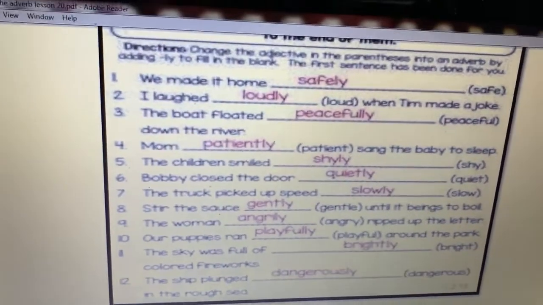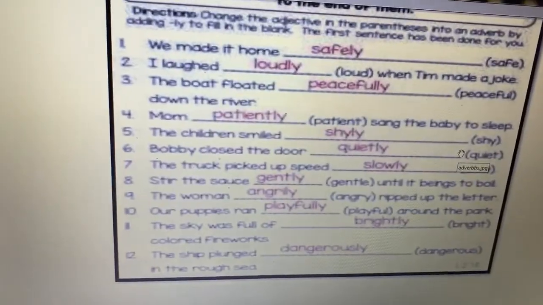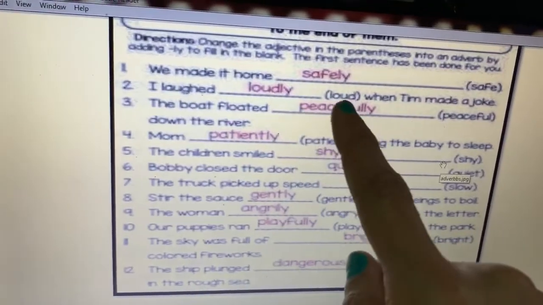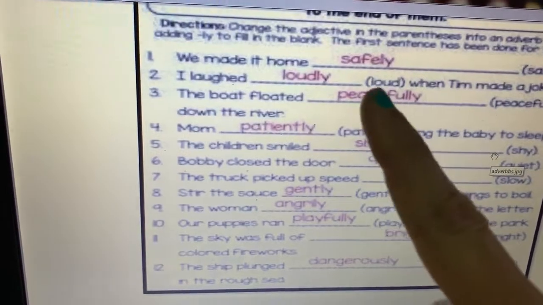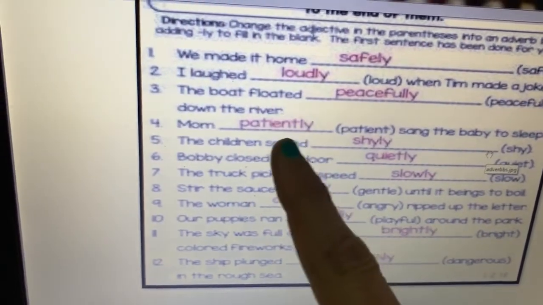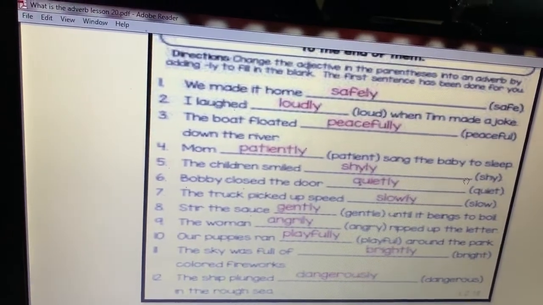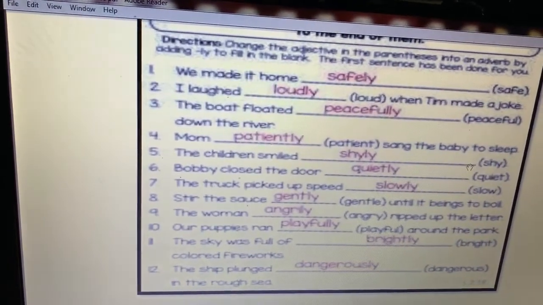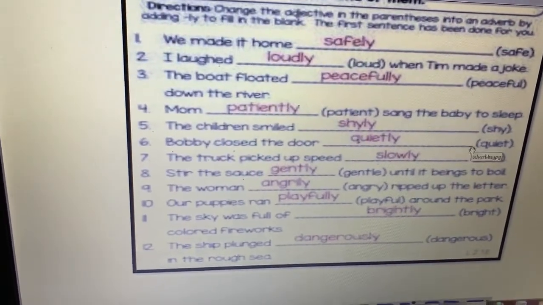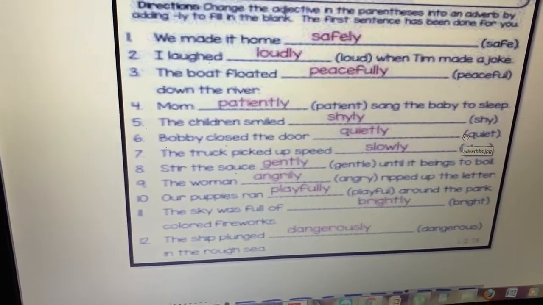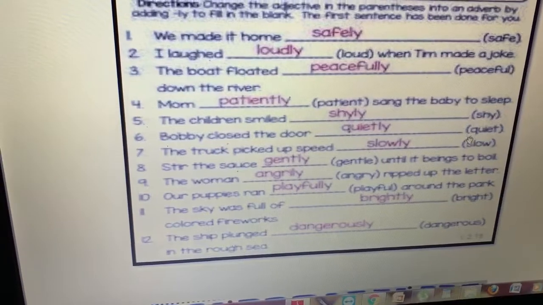Look at the first example here. We made it home safely. You notice that safely came after the verb made. And I can say, we safely made it home, or we made it home safely. I said before that adverbs can come before the verb, or after the verb.